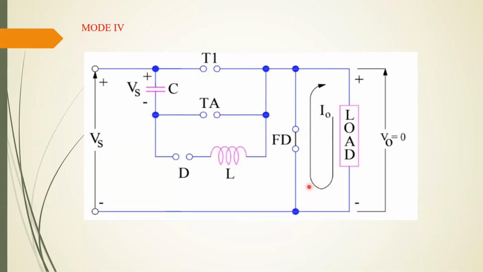This is the path I0 flowing through the freewheeling diode. The voltage across the load will be 0 as the freewheeling diode is in parallel across the load. Hence the freewheeling diode is conducting. The voltage across the freewheeling diode is 0 as it acts as a short circuit. Hence I0 is negative and V0 is 0.